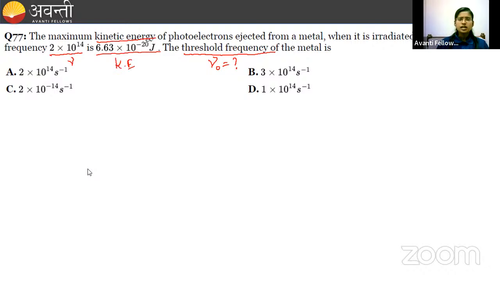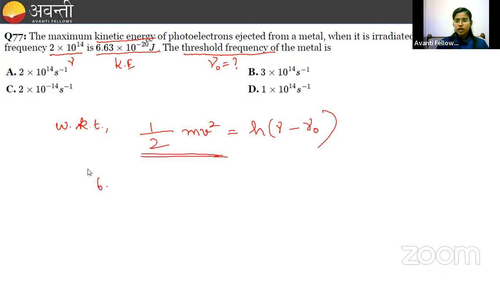We know that kinetic energy is equal to half mv², and it is equal to h(ν − ν₀), right? That value is given as 6.63 × 10^-20 joules, which in terms of kilogram meter square per second square is 1 kg m² per s².